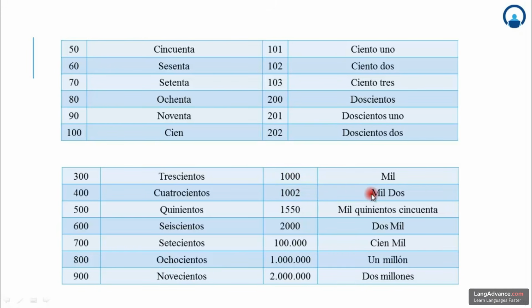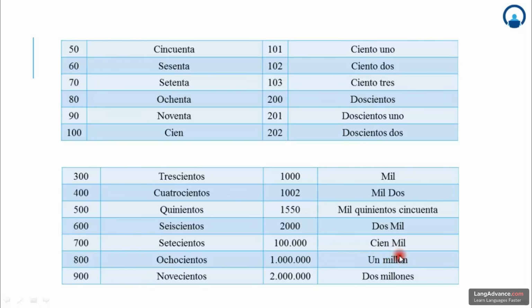1002, mil dos. 1550, that will be 1000 means mil, 500 means quinientos, and 50 means cincuenta. 2000, dos mil. 100,000, cien mil. 1 million, un millón.